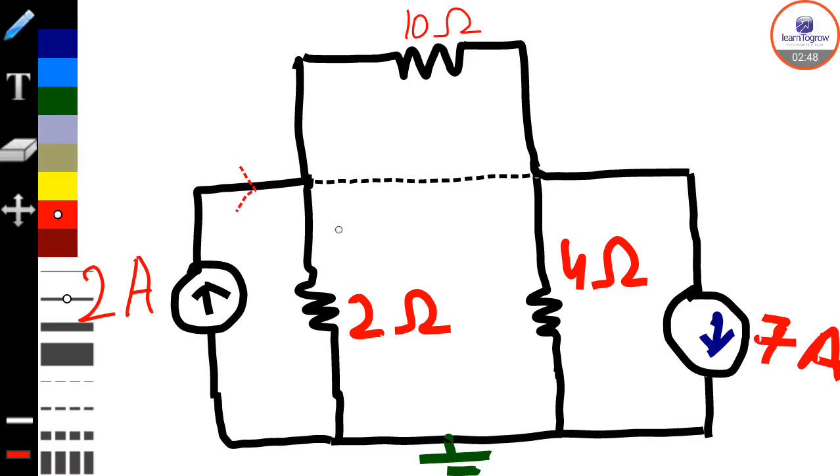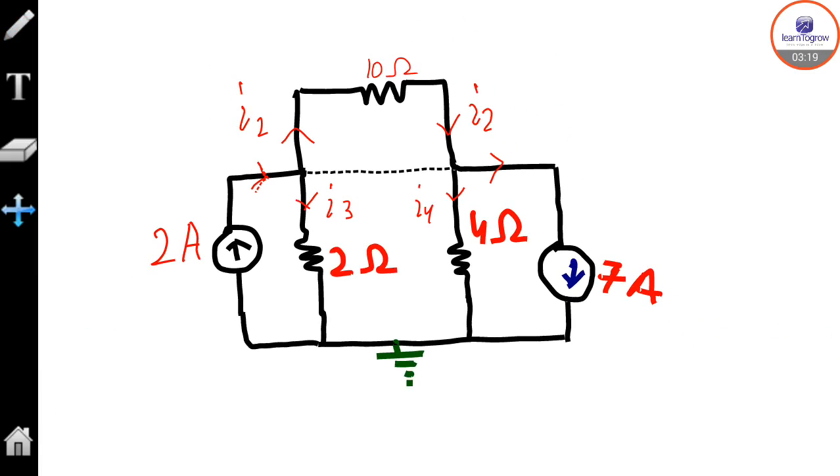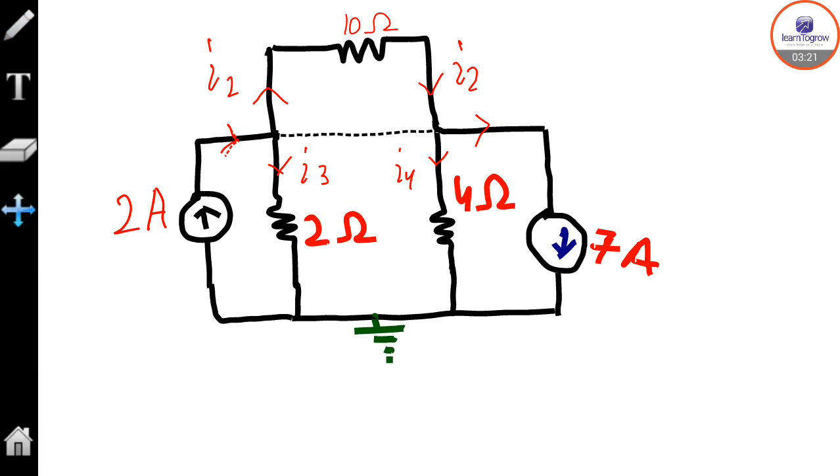And here this is I2, also I2 because the wire is the same, and here this will be I3. You can assign any number with any direction, because you are first assuming. Then 7 ampere. Now you have assigned the currents. Now apply KCL on node 1 and 2.